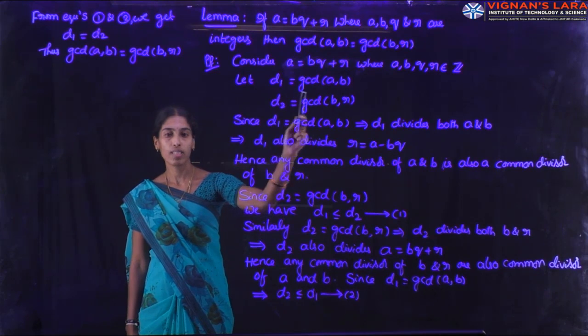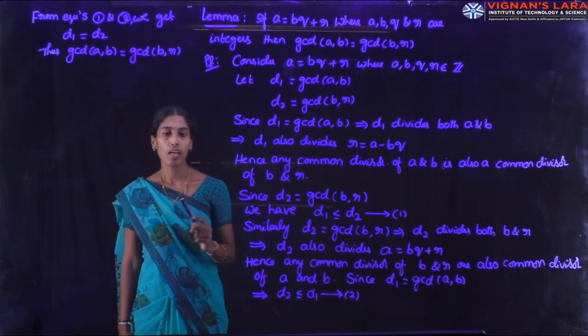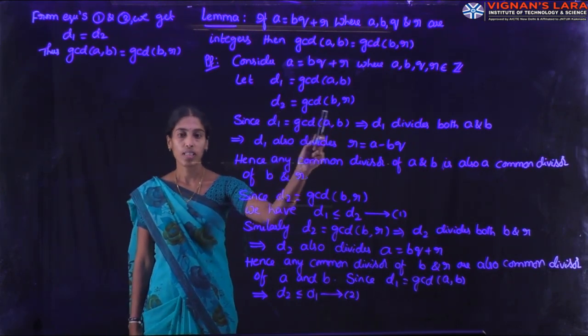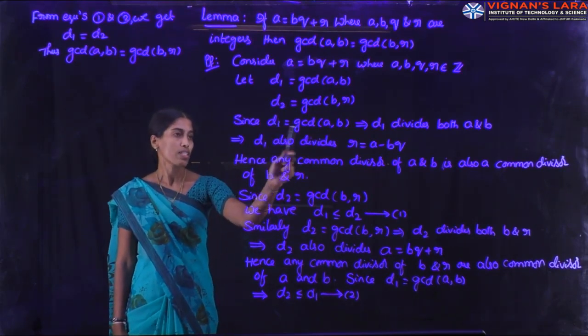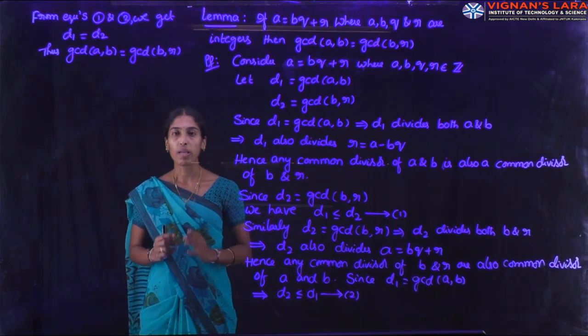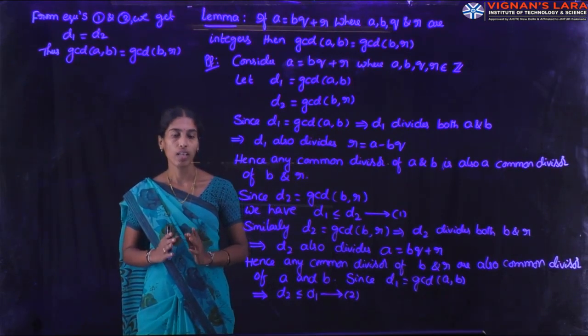So let D1 be equal to GCD of A comma B and D2 be equal to GCD of B comma R, right? Since D1 is equal to GCD of A comma B, what is the meaning of GCD? It is the greatest common divisor, right?